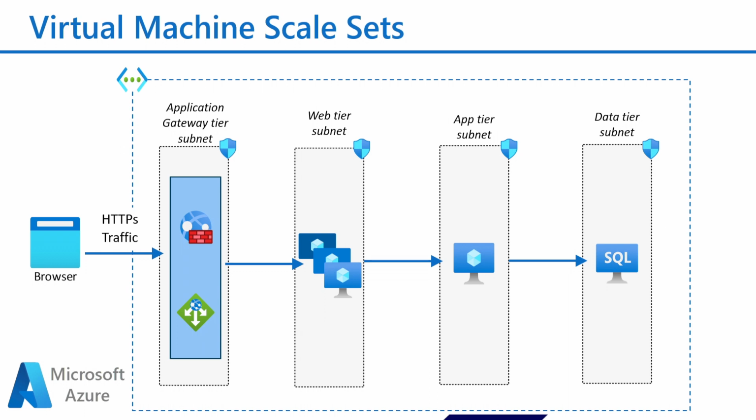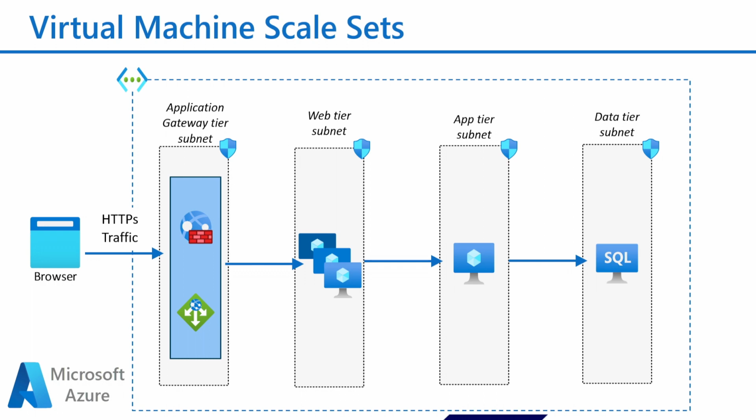So if we have an e-commerce application and during the sale period we have more traffic coming into it, then the virtual machines will be spun up automatically for us according to some metrics or according to a specific schedule. This could be set up automatically or manually.